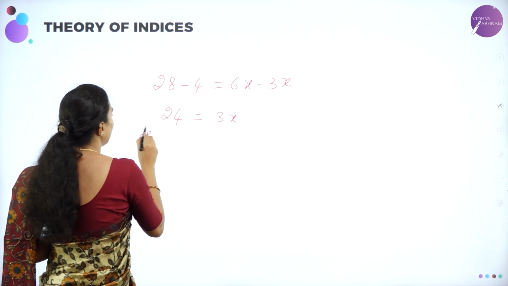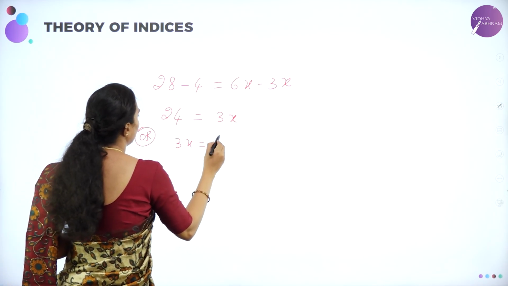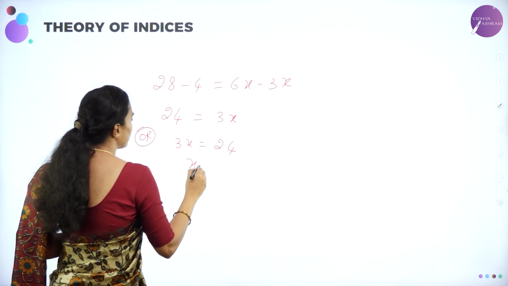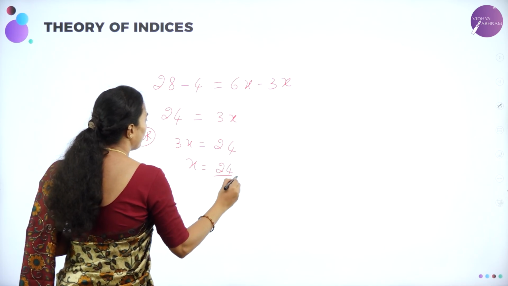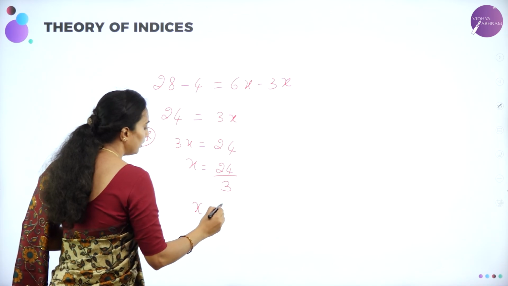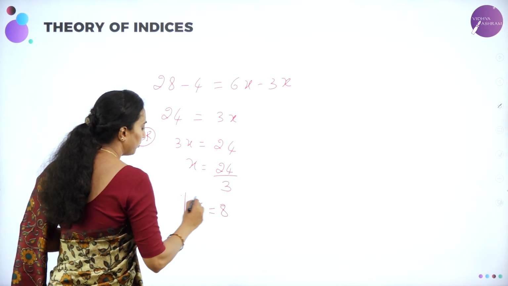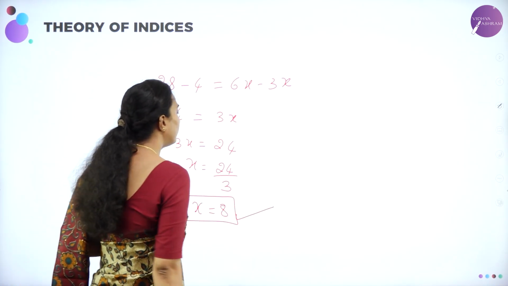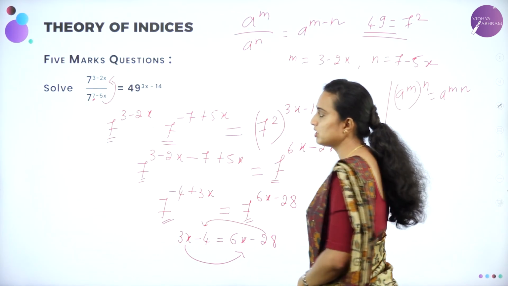So 3x is equal to 24, or x is equal to 24 by 3. 3 eights are 24, so x is 8. This is your answer for the given equation.